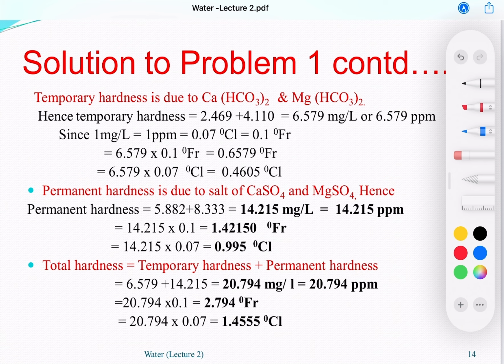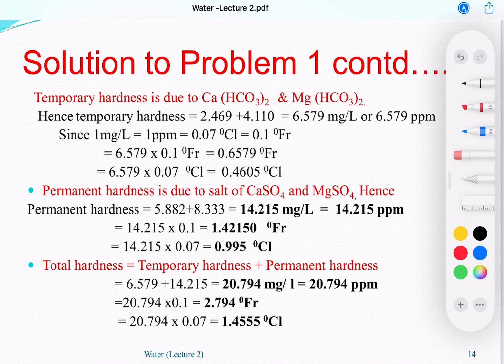So what you have to do, first you have to calculate in the unit which is given in the question. Here it is milligram per liter. Now you convert it. Now 1 ppm is equal to 0.07 degree Clark, which is equal to 0.1 degree French. So this milligram per liter you multiply by 0.1, you will get 0.6579 degree French.